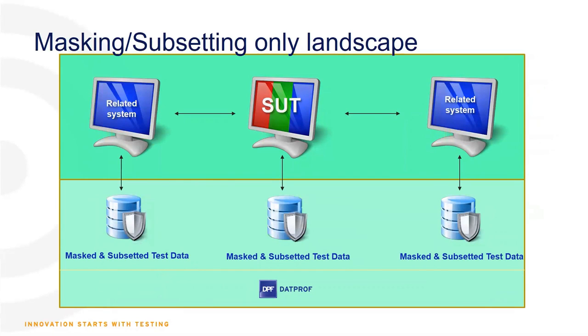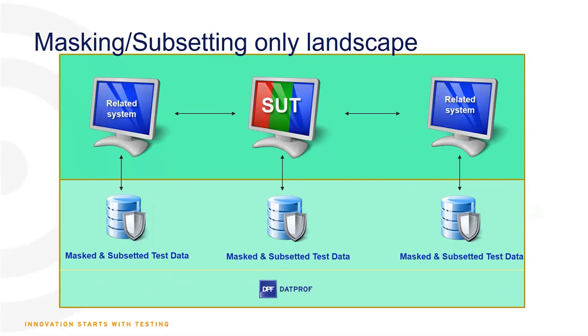Well, if we go and look at the DATPROF solution, we can see that the upper part is still there. So we are still depending on the related system on the front or the real client. Our own application is using the data, and the backend is still really there.